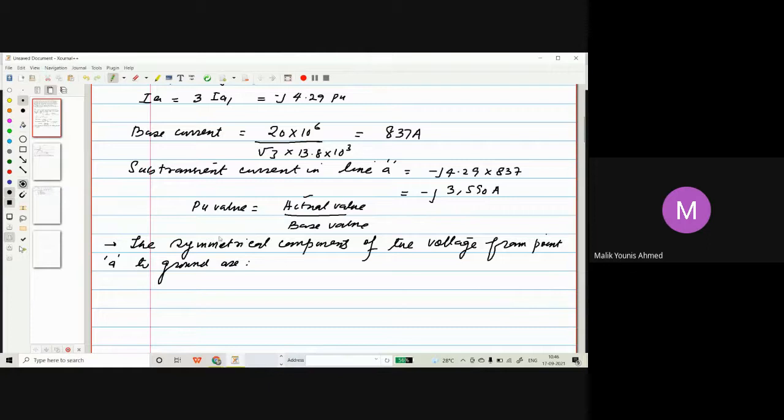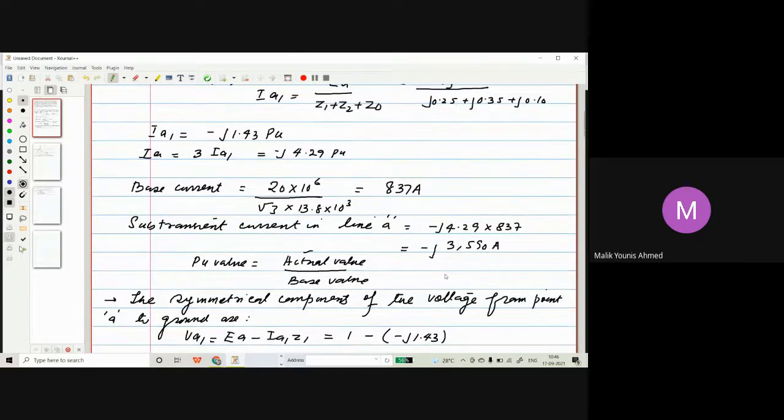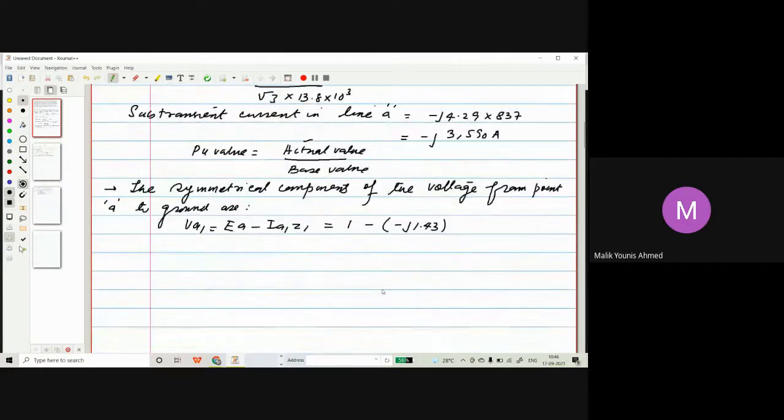They are like this. VA1 we know will be EA minus IA1 Z1, that we have already derived. EA is 1 minus, IA1 we have already got, in per unit we'll write it, minus J.143, here you can see, multiplied by Z1, which we also know is J.25.